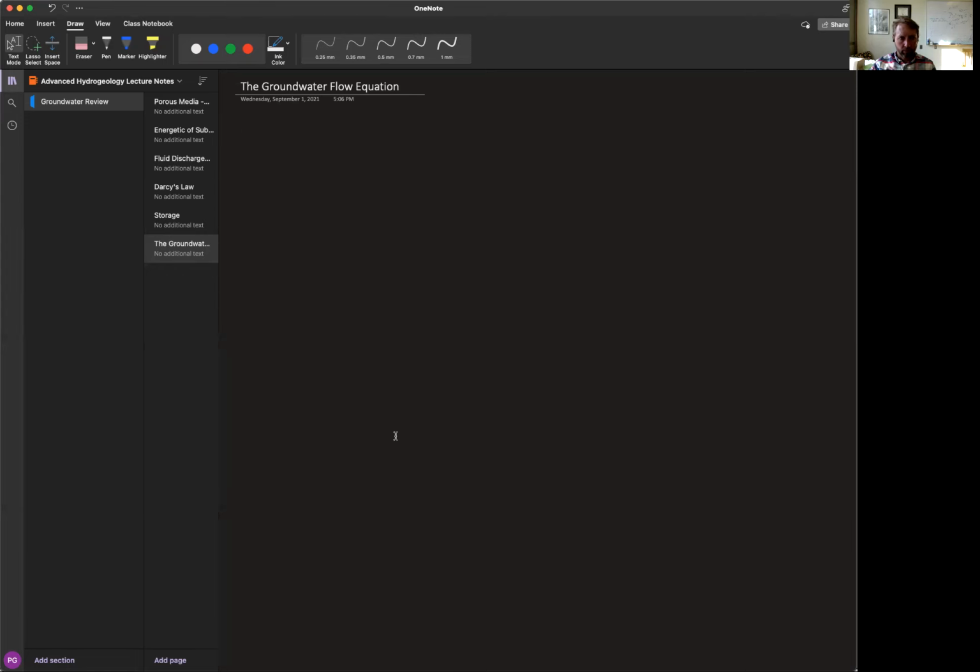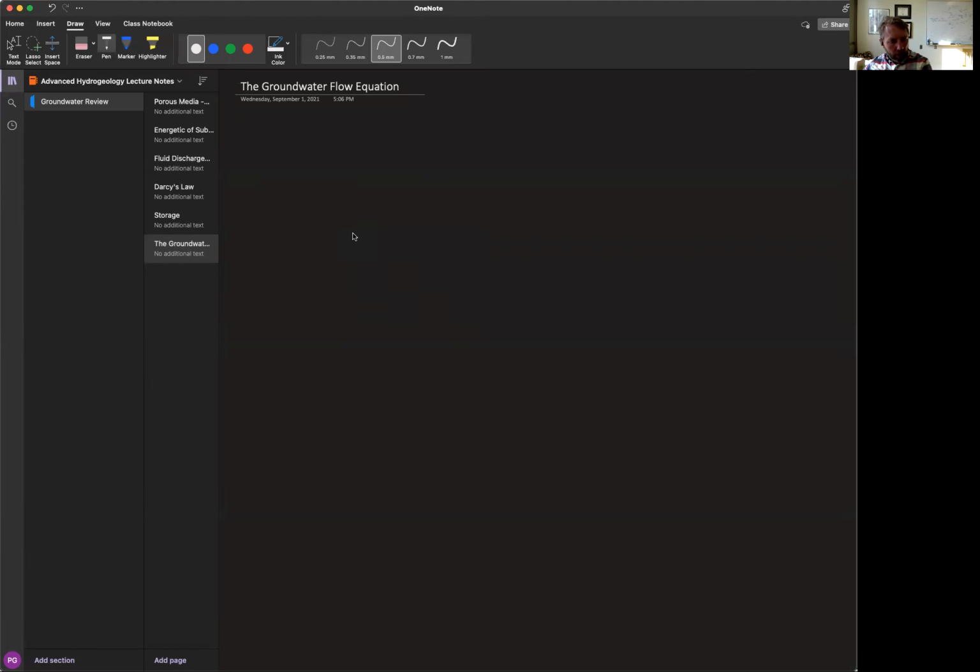So we're going to start off by thinking about an REV, which is this magical cube of porous media.